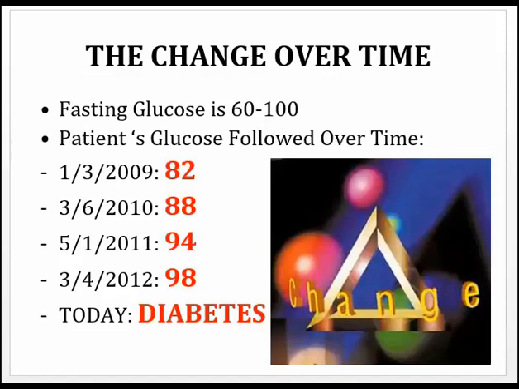In May of 2011, they saw another doctor who did not look at the previous blood parameters from 2010 and 2009, and it fit the criteria, 94. Then the following year, it was 98, but it still was in the normal range, 60 to 100. They also sent the patient home because they didn't look at the previous blood work. And then they go into the doctor's office and are surprised to learn that they have diabetes.